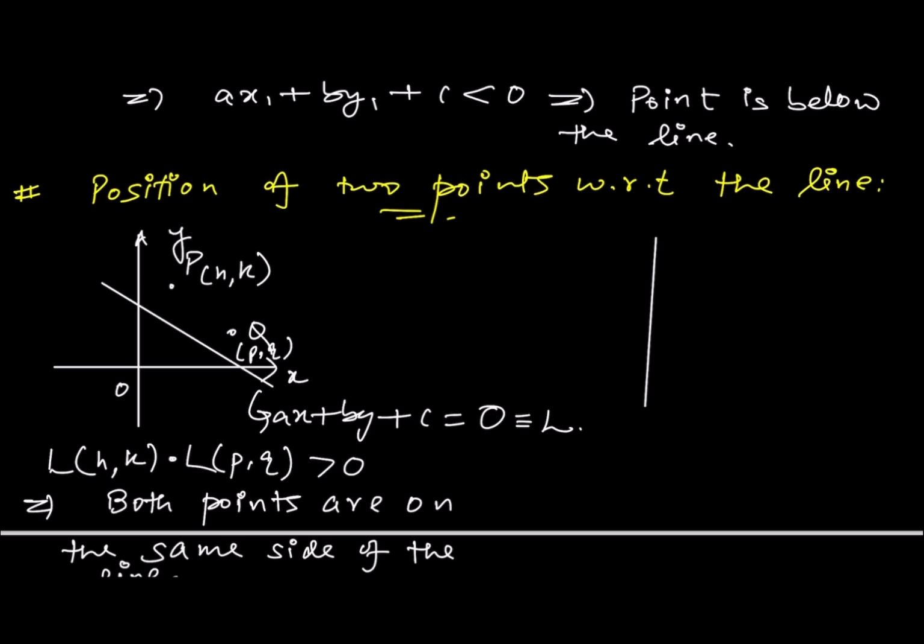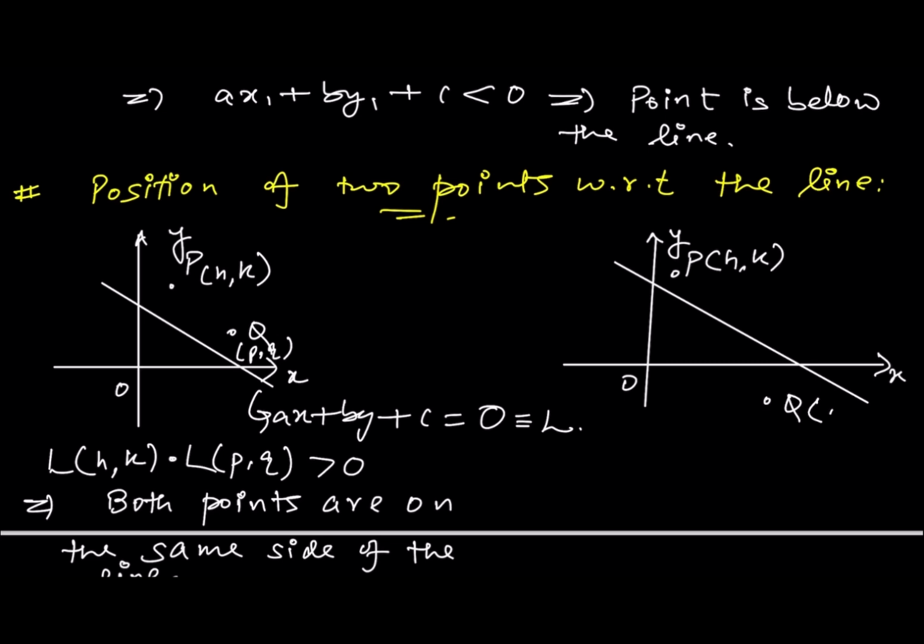Let's say this is another case. Point P is h comma k and point Q is p comma q. And in this case, P and Q are on the opposite side of the line, where ax plus by plus c is equal to 0, which is L. So in this case, L of h comma k into L of p comma q is less than 0.